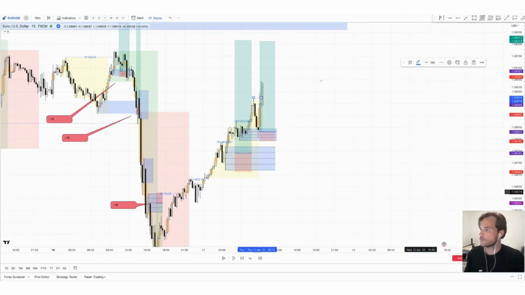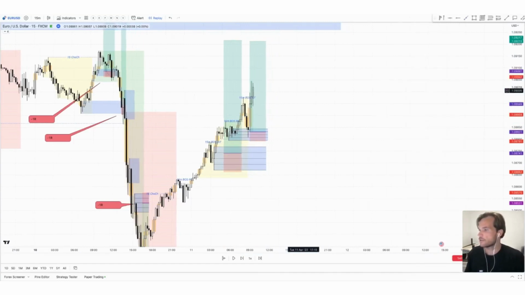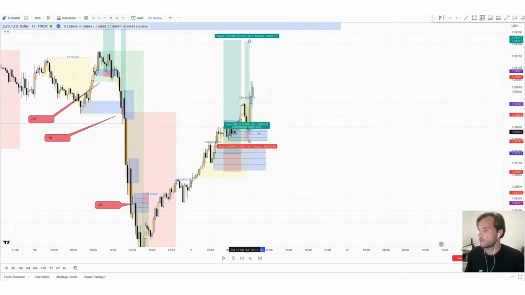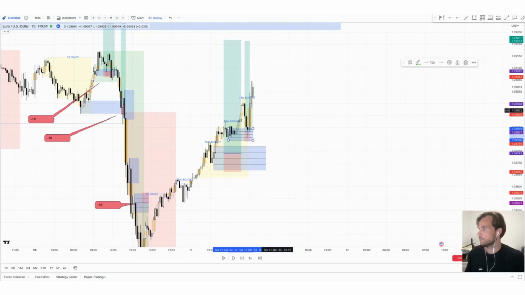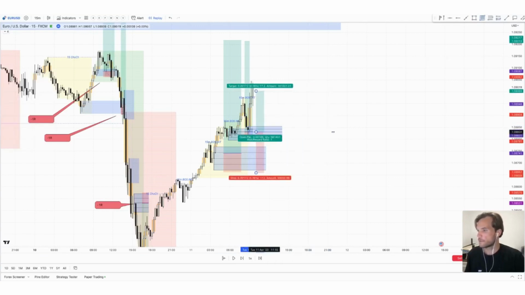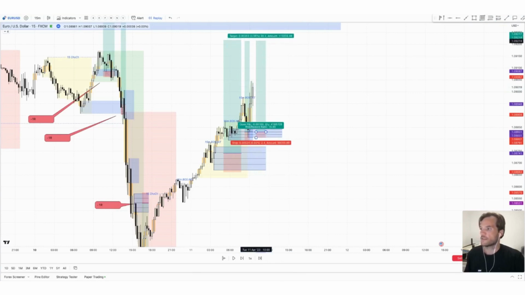Got another internal break of structure. So just going to move all this across. We've got another setup, and I want it to take the liquidity.